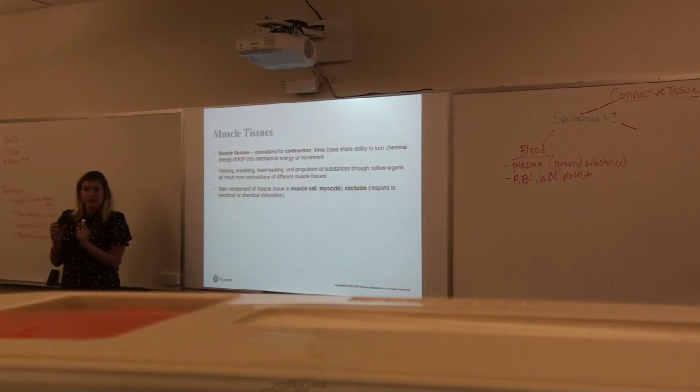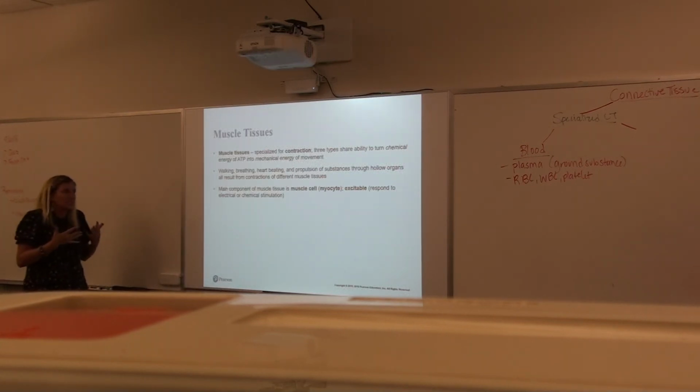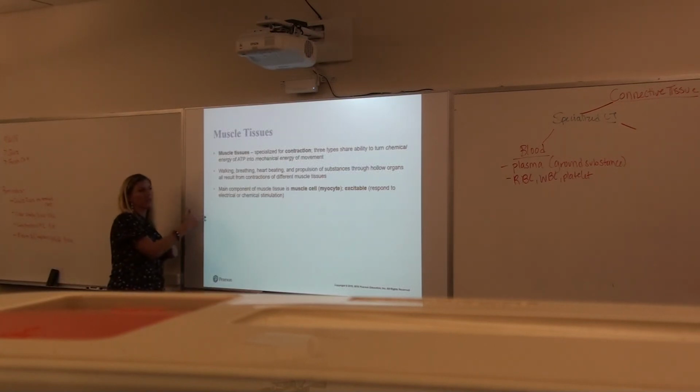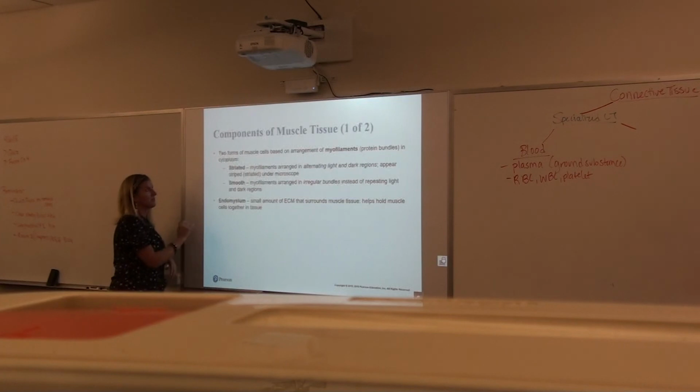Think about a skin cell. If you wake up a skin cell, what's it going to do? It's just going to sit there. But if you wake up a muscle cell, it can contract, it can do something. It's actually excitable. So not all cells in our body have that capability to get excited. And this is, of course, in response to some type of chemical stimulus or an electrical stimulus.